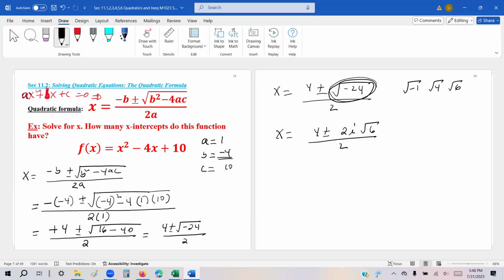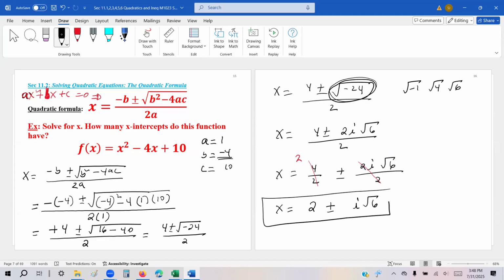And then you can split your numerators: 4 over 2 plus minus 2i square root of 6 over 2. Are you done? No, right? What is half of 4? 2. And the 2 and 2 cancel out. So now finally you have the simplified version. So you are done.